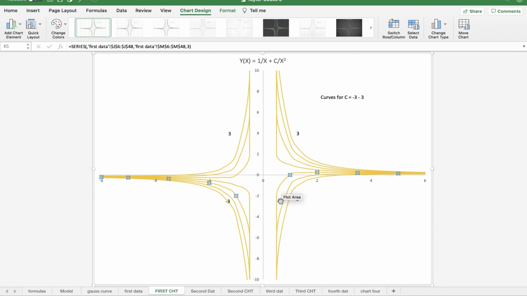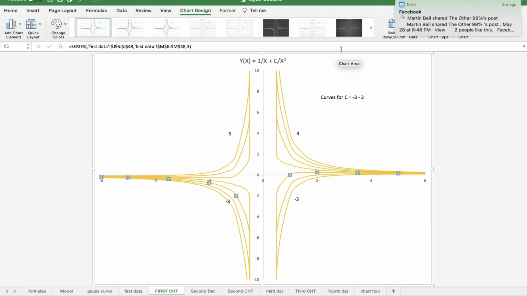But they all go to either positive infinity or negative infinity as they approach 0. This is one of those functions that is discontinuous at 0 because you can't have division by 0.